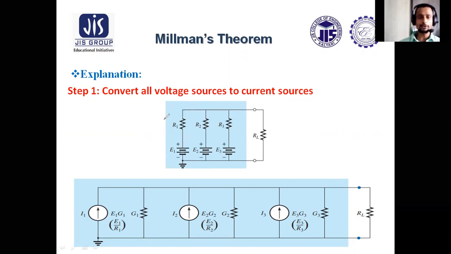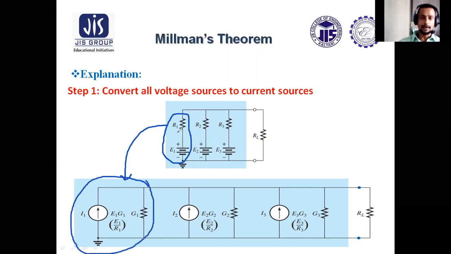First, as these are connected in parallel, it is better for us to convert this voltage source with series resistance into a current source with parallel resistance. This conversion is already discussed in the source conversion part, so I'm not going into details of it.